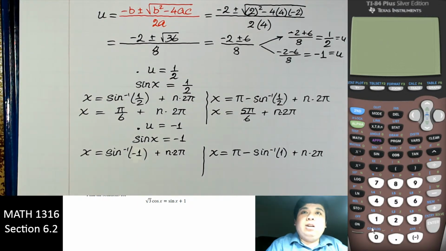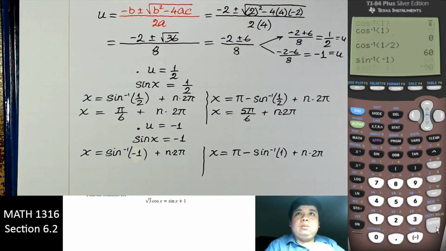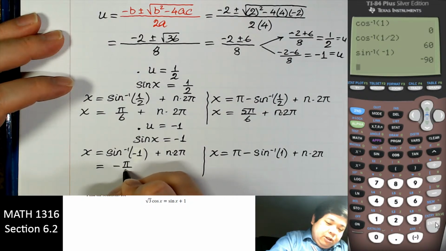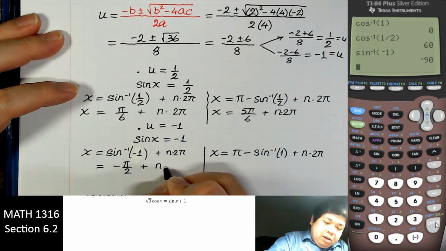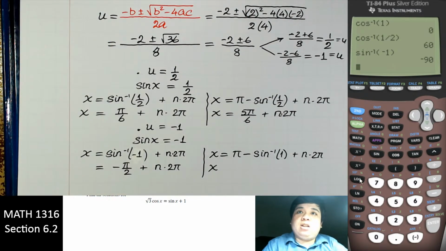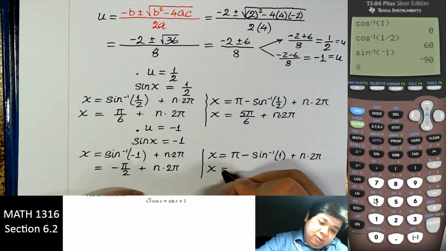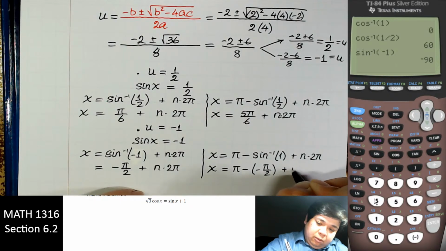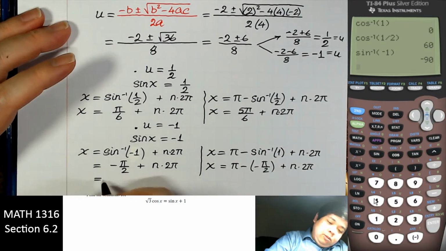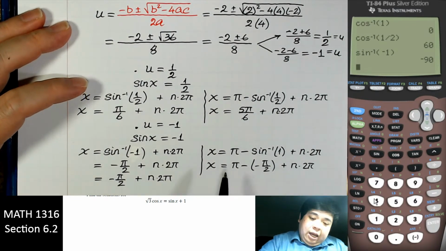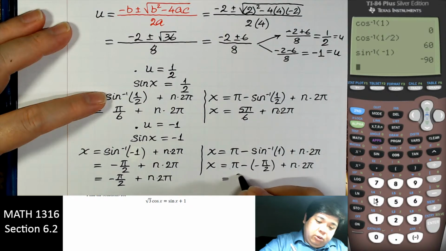Sine inverse of negative 1 is negative 90 degrees, negative pi over 2, plus n times 2 pi. And then we have pi minus that, and pi minus negative pi over 2 will be 3 pi over 2.